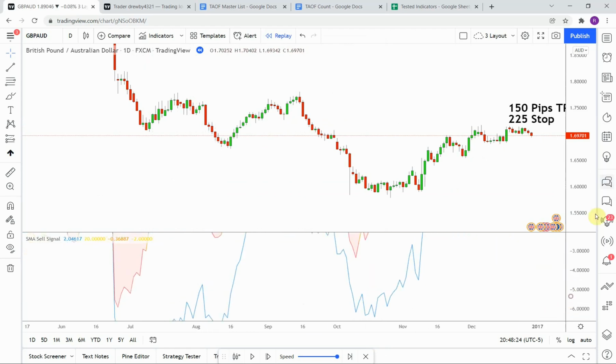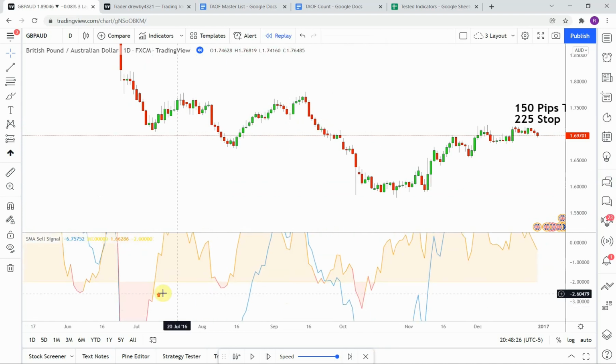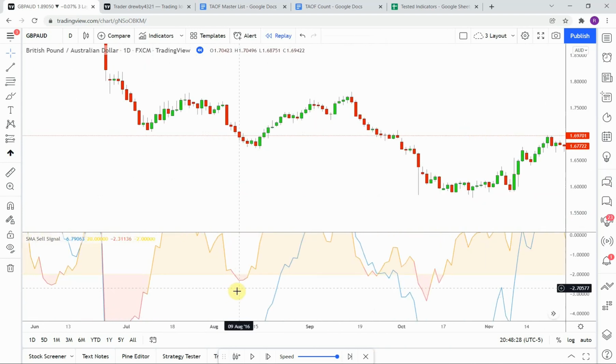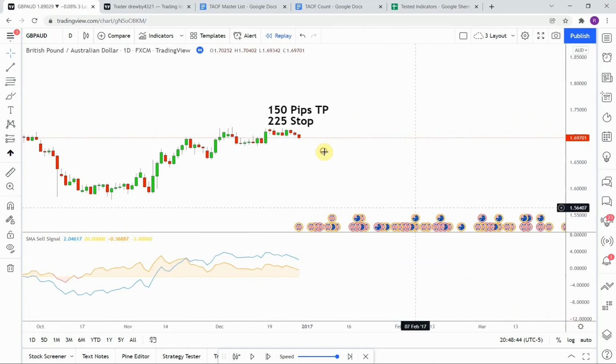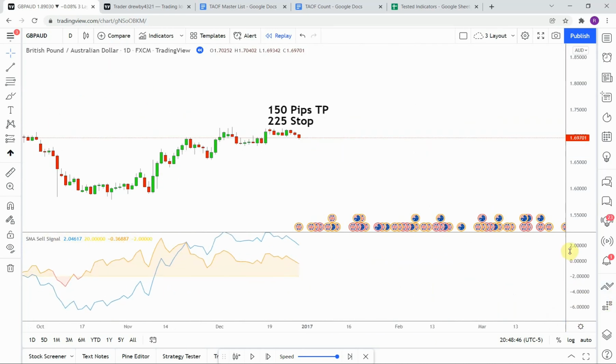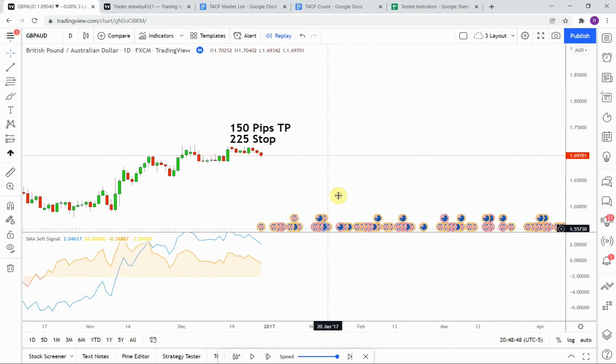If I do like that, you can see that when it drops below the 0 line, it actually turns red instead of being orange. And when that happens, that will be our signal to go short. Relatively easy. Let's go ahead and get on with the testing and see what we can get out of this.